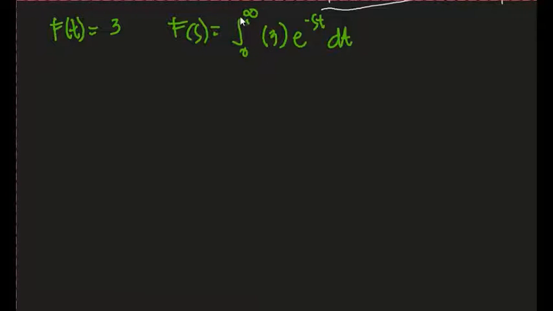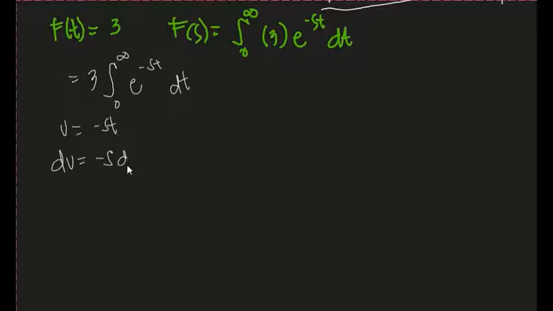So this will be equal to 3 integral from 0 to infinity of your e raised to negative st dt. So this time, let us let u again equal to negative st. Du naton will be equal to negative s dt. Then, based sa sining function, pwede naton makuha ang value of your dt. dt will be equal to du all over negative s.